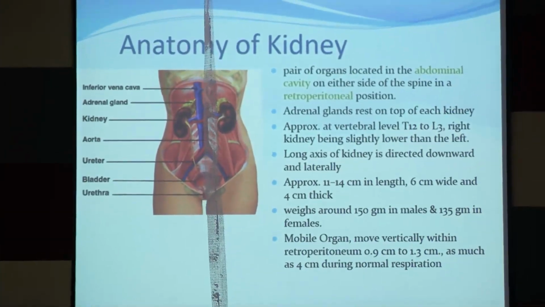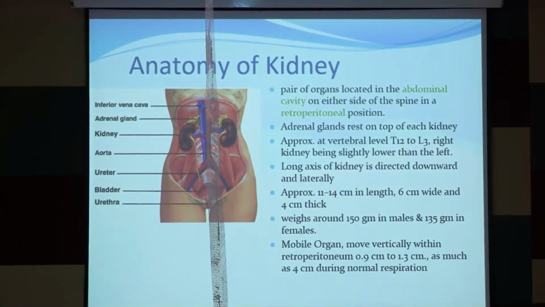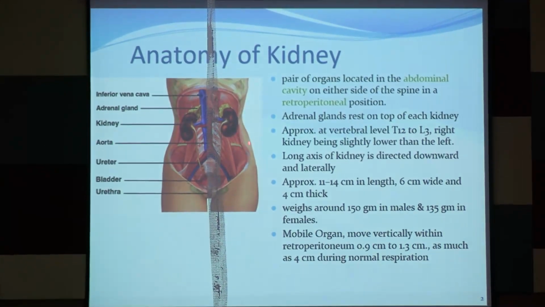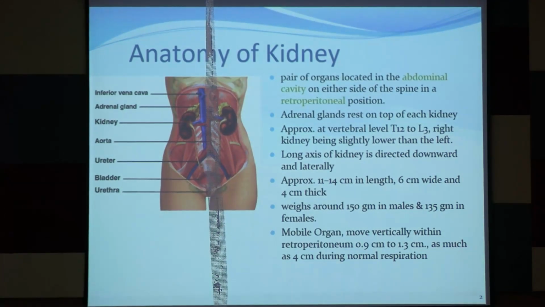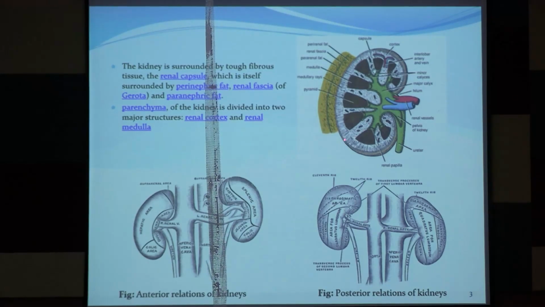Now as we just see, this is the bilateral paired organ lying on the sides and ultimately resting onto the psoas muscles. It's a retroperitoneal organ moving with respiration. Now when we see the cut section of the kidney, this is important because a cut section is dividing the kidney into two parts. One is the cortical part, which is the whitest structure, and the other, brownish one, is the medulla.